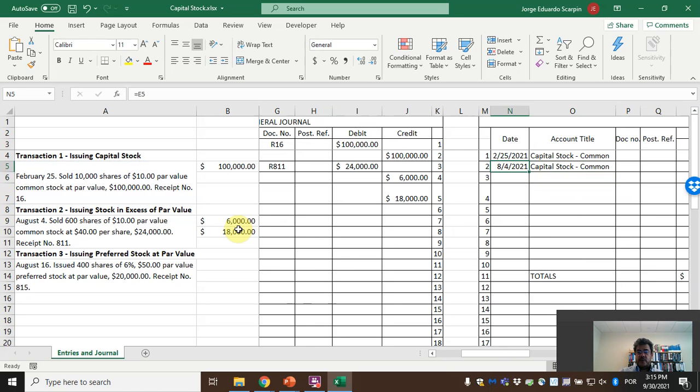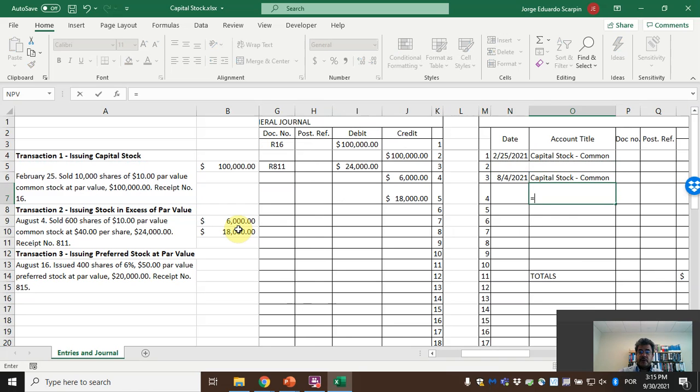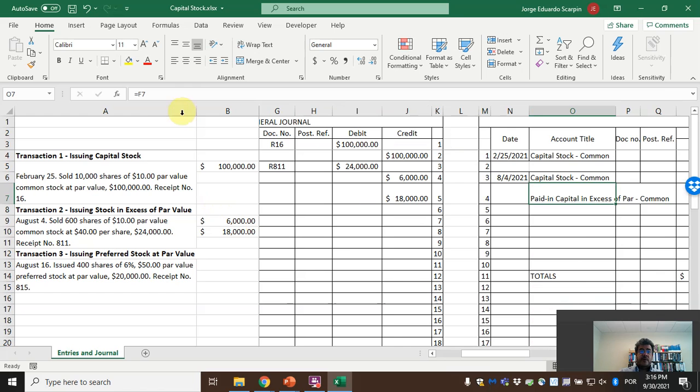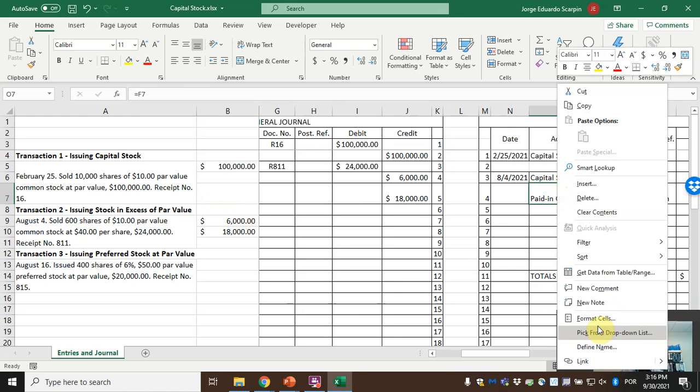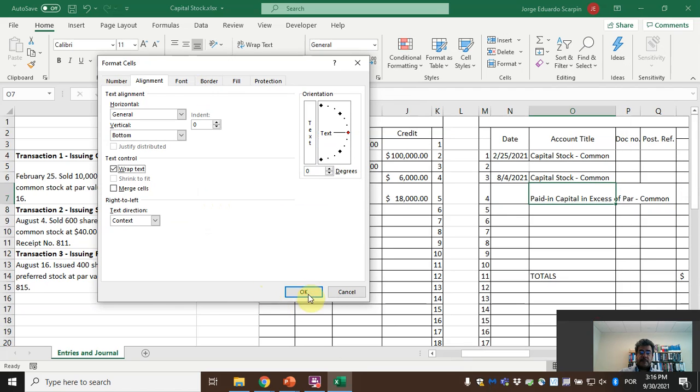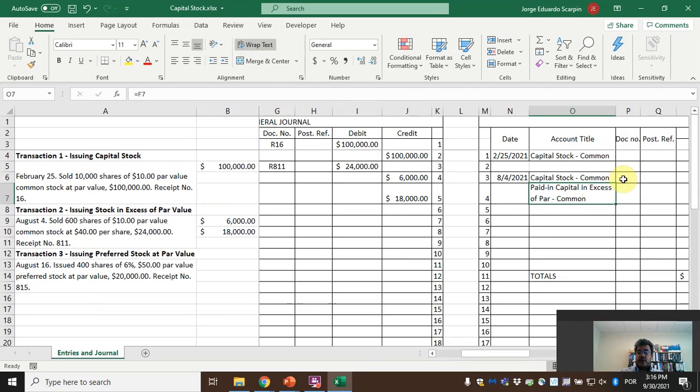And then, so let's do something here. It will be pretty because the second one is the paid in capital. Format cells here, also wrap it. Oh, and here the document number.